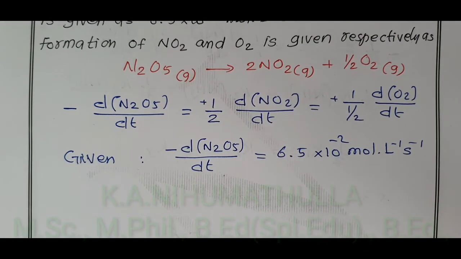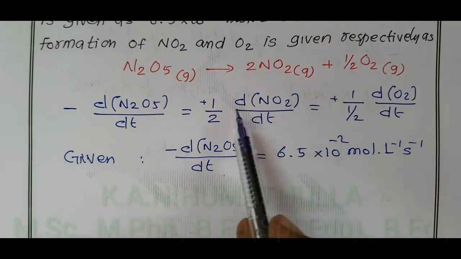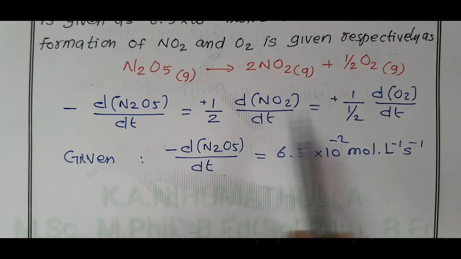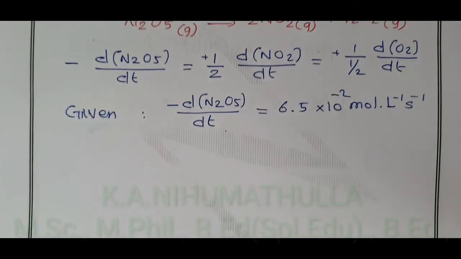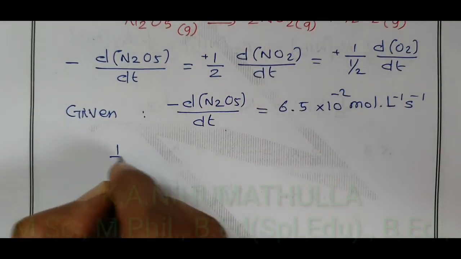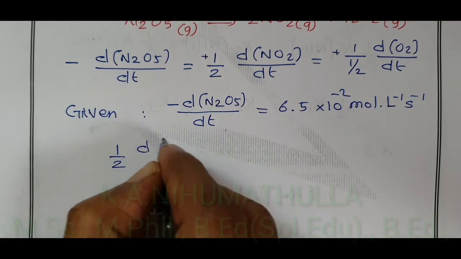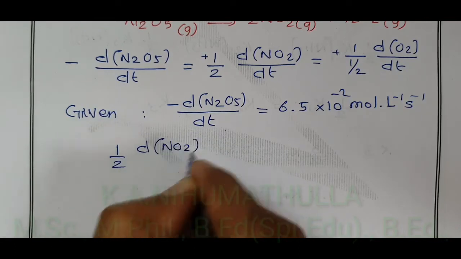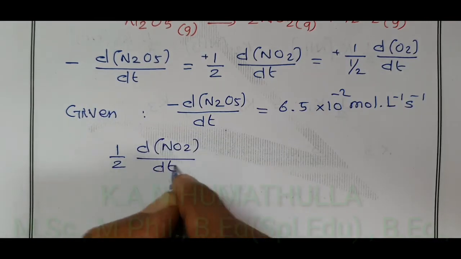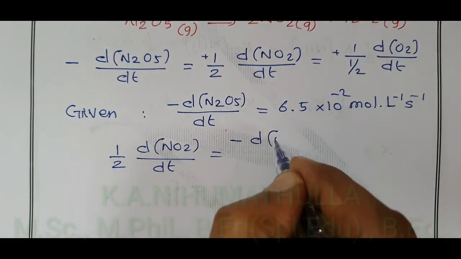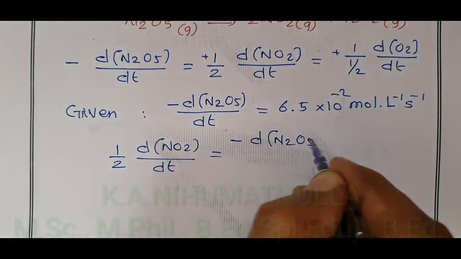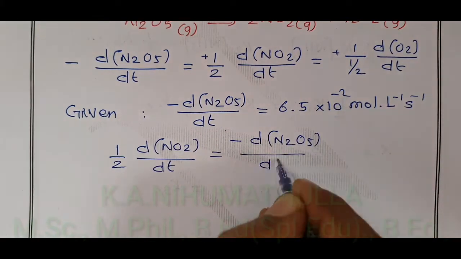Using this, we are going to calculate the rate of formation of NO2 and the rate of formation of O2. First, equate these two. 1 by 2 d of concentration of NO2 divided by dt is equal to minus d of concentration of N2O5 divided by dt.